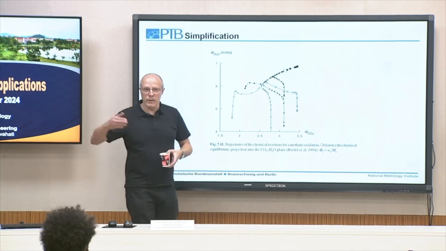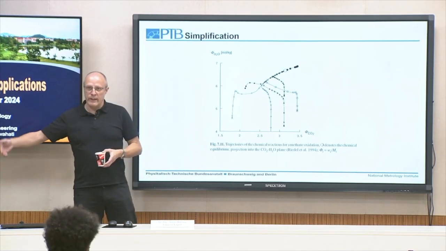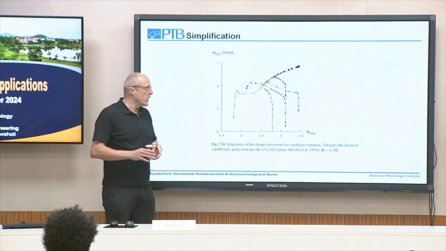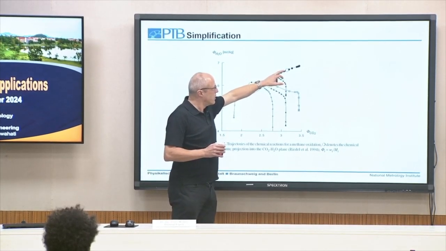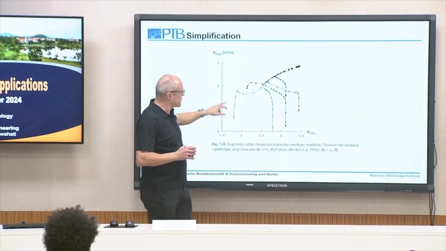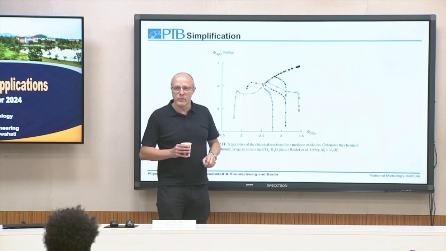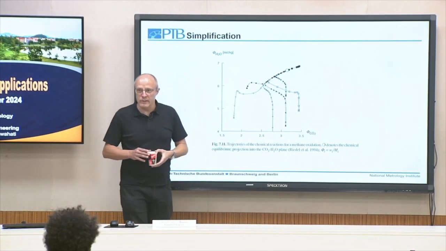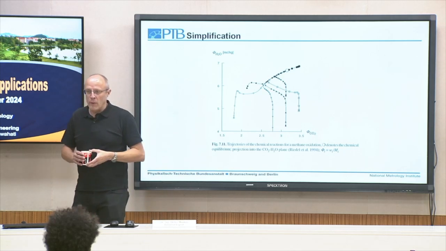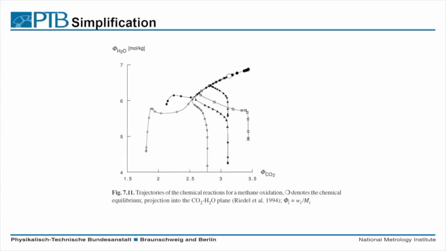So this is where the flame finally ends, if we have an adiabatic system. So we can start everywhere in the state space. The system finally follows these trajectories and ends at this equilibrium position.